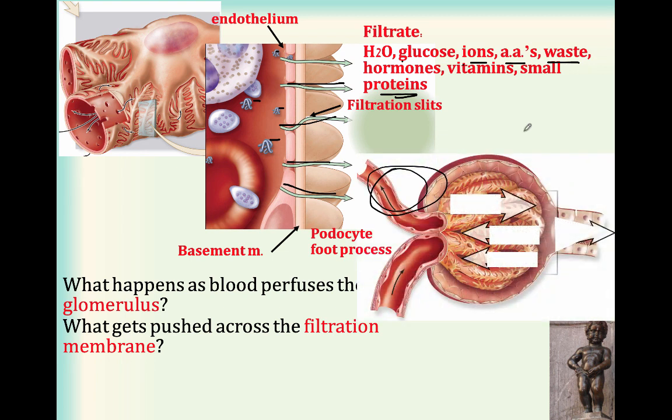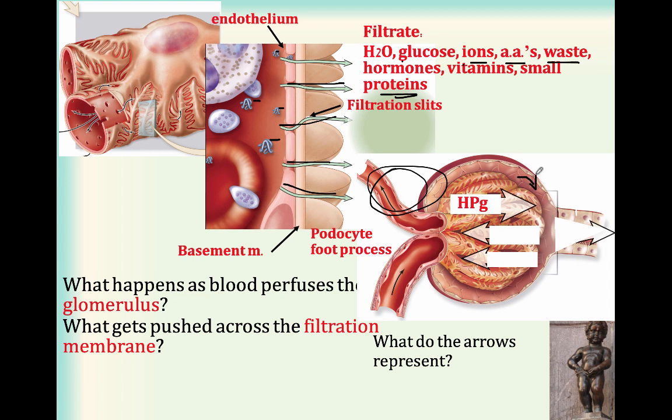Here you can see, again, our renal corpuscle. Here's our glomerular capillary, and we're pushing filtrate out. What is it that these arrows represent? They represent the Starling forces. The Starling forces include hydrostatic pressure inside the glomerular capillary, which is pushing fluid out into the space.